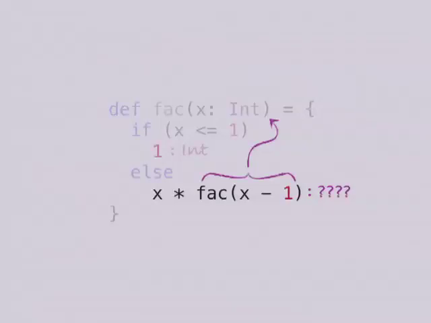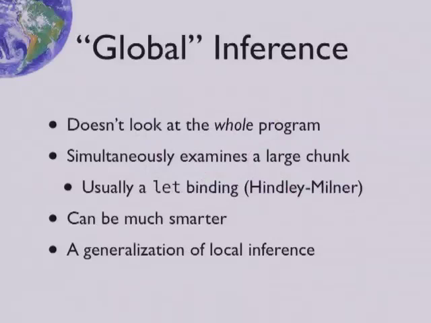It would be nice if we could just take a little bit more information into account when we make decisions about types. And the algorithm which does this is global inference. Now, unlike what the name implies, global inference does not look at the whole world. It doesn't even look at the whole program. Global inference just looks at a very specific scope that's larger than a declaration, usually a function.